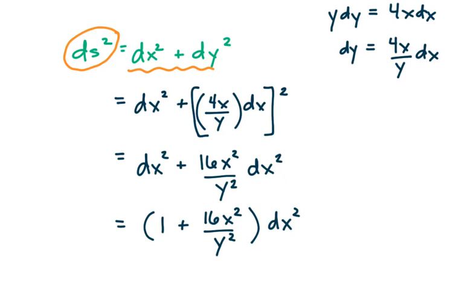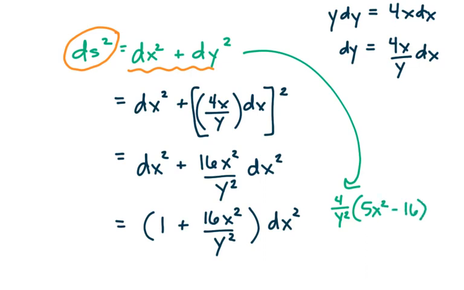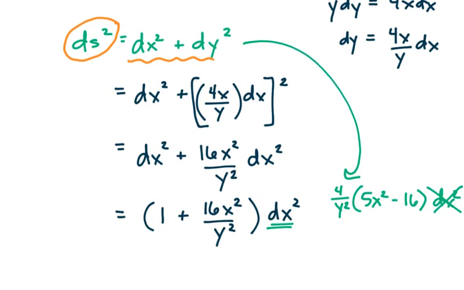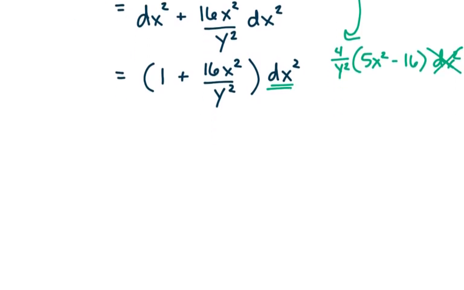So keep in mind what our goal is. We're trying to make this look like 4 over y squared, 5x squared minus 16. I already have that dx squared at the back now, right? See, I've got that right here. So this looks kind of similar, and this is where we are learning practices of creative manipulation, in my opinion.